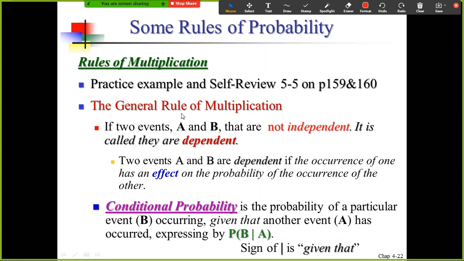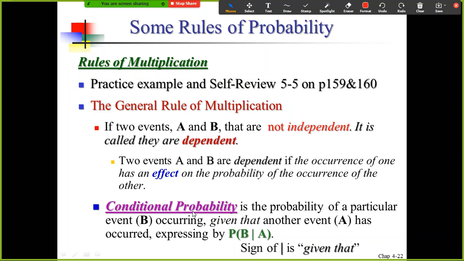So under the general rule of multiplication, you need to study conditional probability, because at least two events depend on each other. That's why one event is conditional on the other. So under the general rule of multiplication, you need to understand conditional probability.